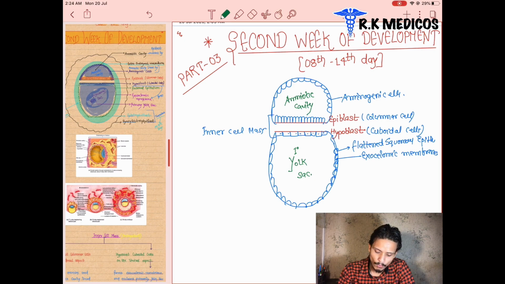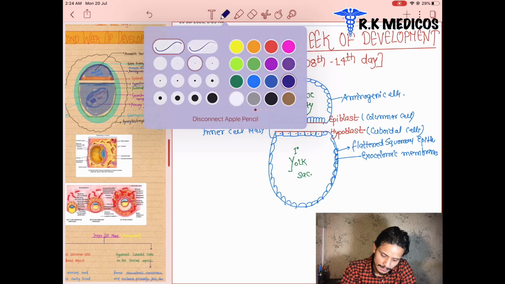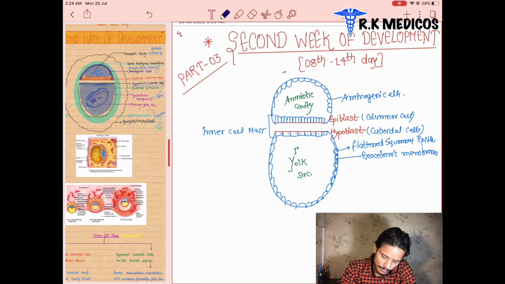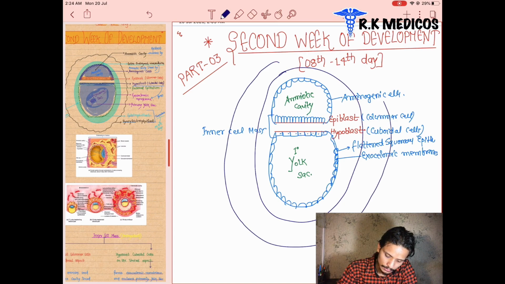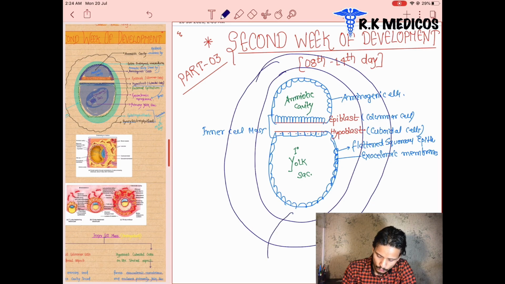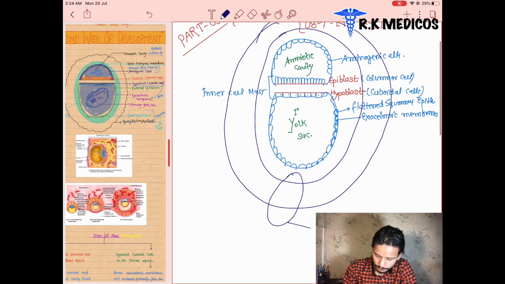Now we are going to see what happened to the trophoblast layer. The trophoblast layer is forming two different layers. So these two are trophoblast layers. Let's go from the initial.